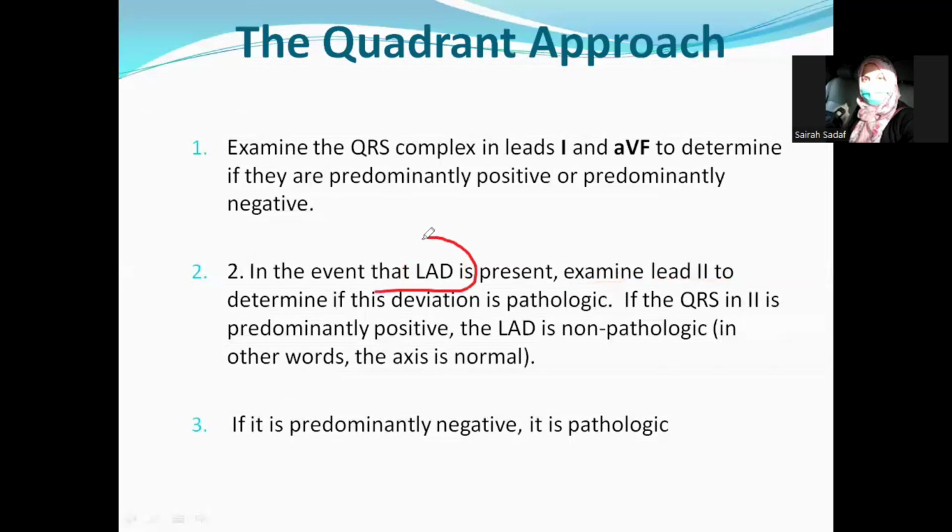When there is left axis deviation, you need to confirm whether it's pathological or non-pathological. If in lead 2 the QRS complex is predominantly positive, then the left axis deviation is non-pathological and it's normal. But if in lead 2 it is negative, then the left axis deviation is pathological. Got it?